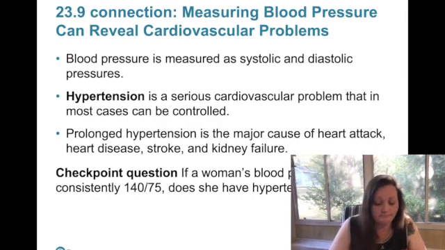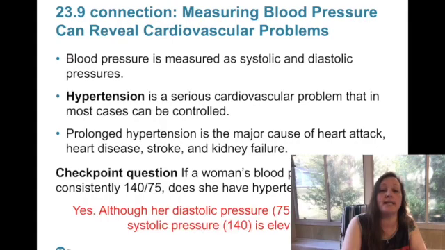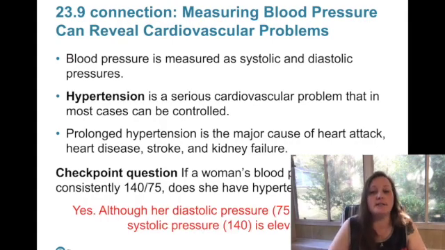And it's from prolonged high blood pressure. Checkpoint question. If a woman's blood pressure is consistently 140/75, does this count as hypertension? Yep. Even though 75 is normal, 140 is considered elevated because they think it needs to be closer to 120.